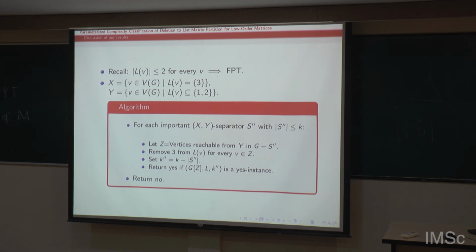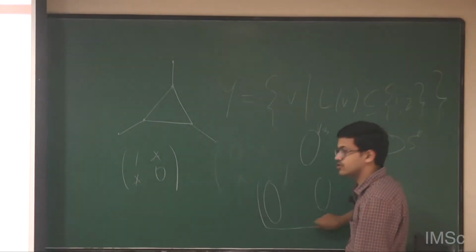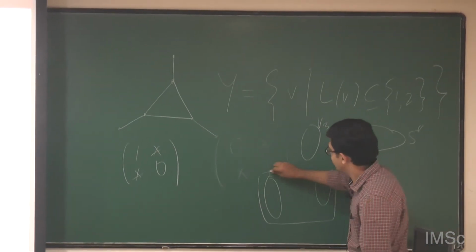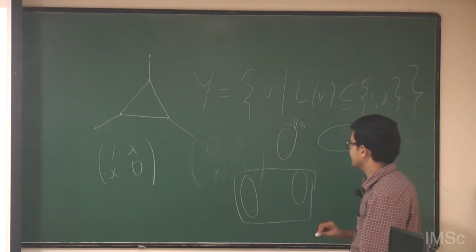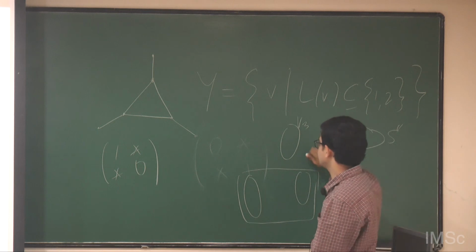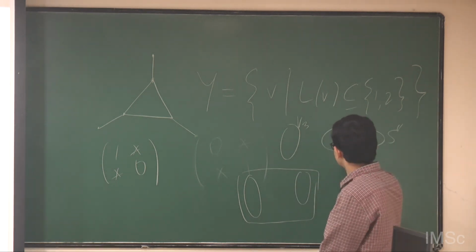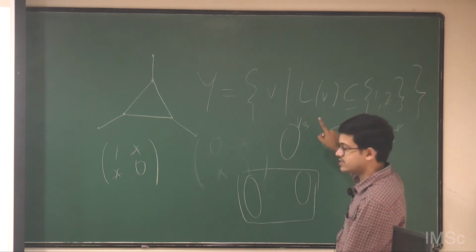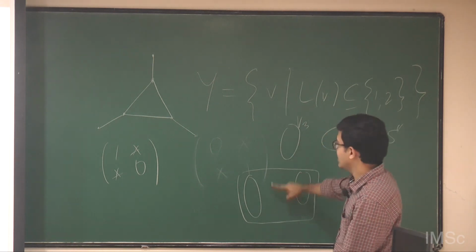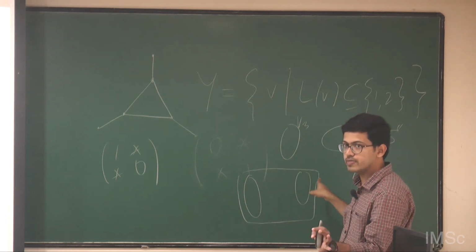Now we want to delete more vertices so that the constraints over this part are also satisfied. But now we can forget V3 altogether, right? Because every vertex that is not reachable from Y now has 3 on its list and we place it in V3. Every other vertex must belong to V1 or V2 or should be deleted.